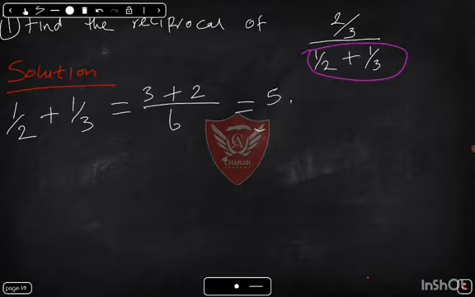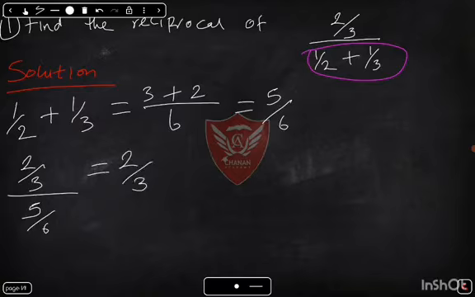So we have 5 over 6. Alright, so we now have 2 over 3 all over 5 over 6, which is the same as 2 over 3 divided by 5 over 6.